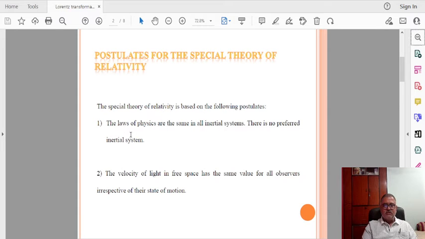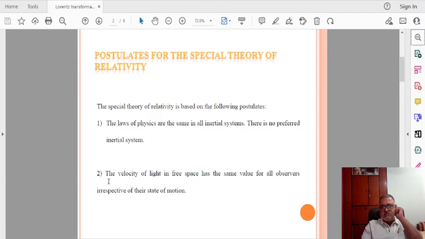First is that the laws of physics are the same in all inertial systems. There is no preferred inertial system. Means we cannot say an inertial frame of reference or non-inertial, etc. There is no preferred inertial system.